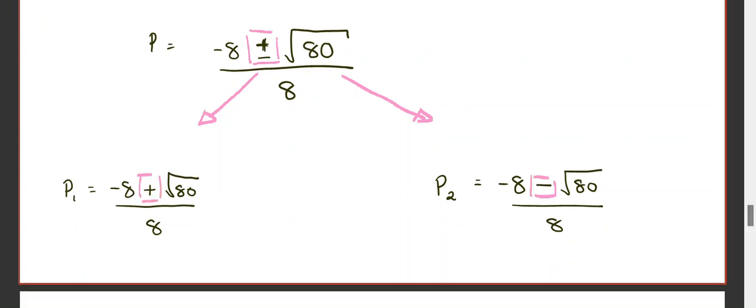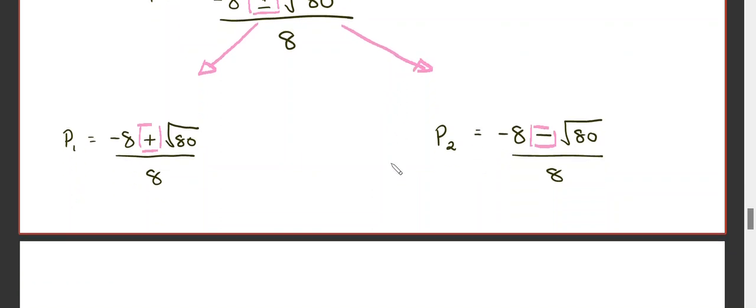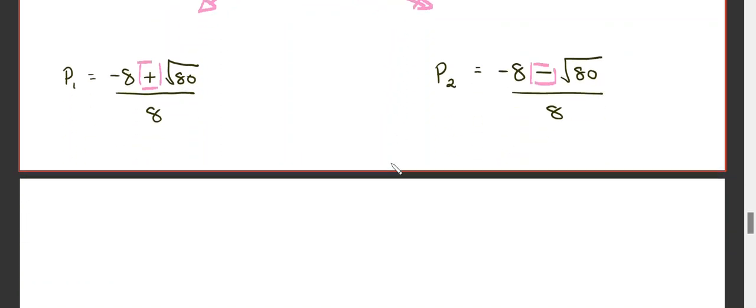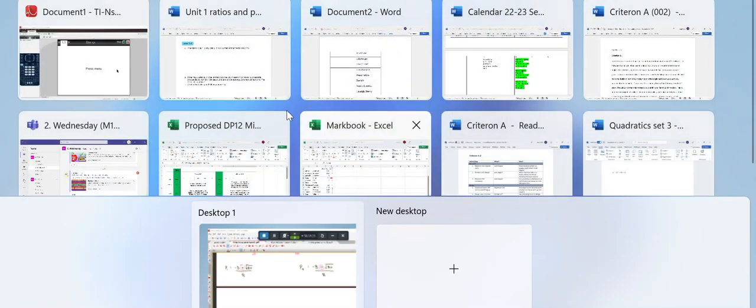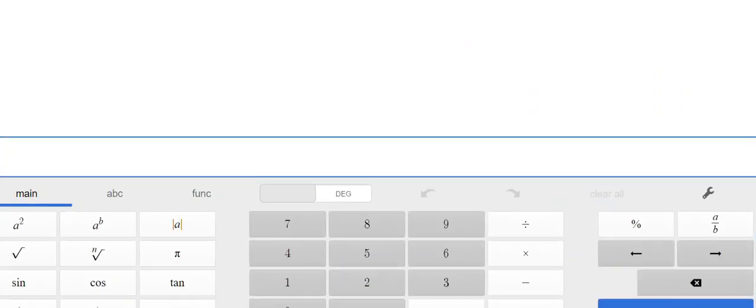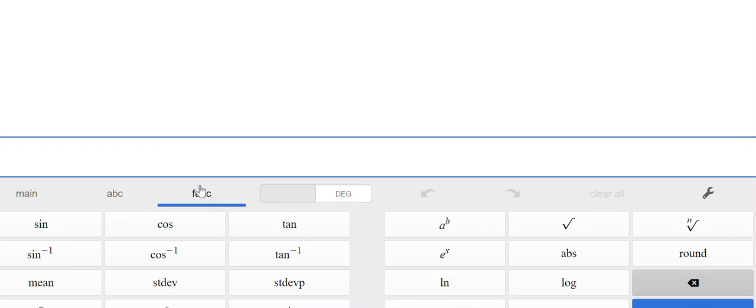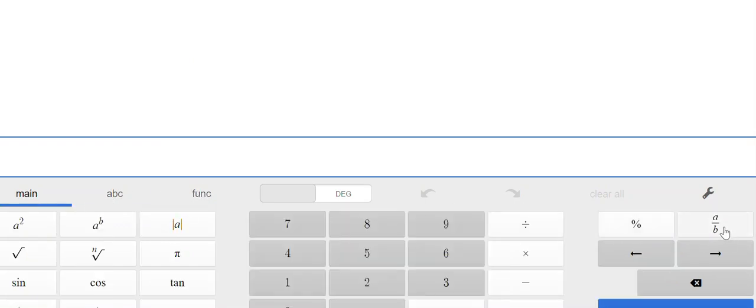Okay, so what we're going to do now is work these 2 values out. Basically, this is what the calculator will look like on the e-assessment. All right, so let's work out what we need to do. This is why it's useful, you can use these buttons.